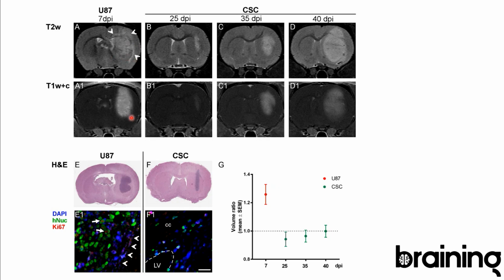And you see that basically you can see also here, if you compare the gadolinium here with the signal that comes from the T2 weighted imaging, you see a nice difference. And in fact, we measured the volume here, and we calculated the ratio between T2 versus T1.